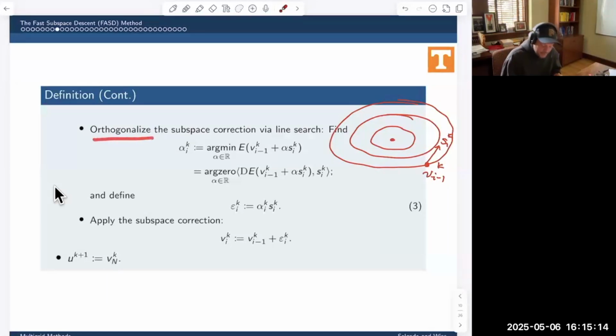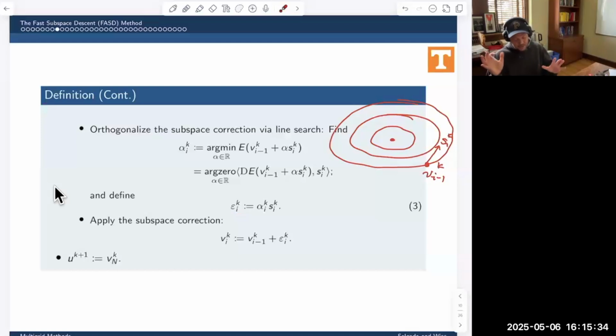We're going to orthogonalize that S value, and once we do that, we get a correction, epsilon ik, equal to alpha ik Sik. That's going to be the correction.